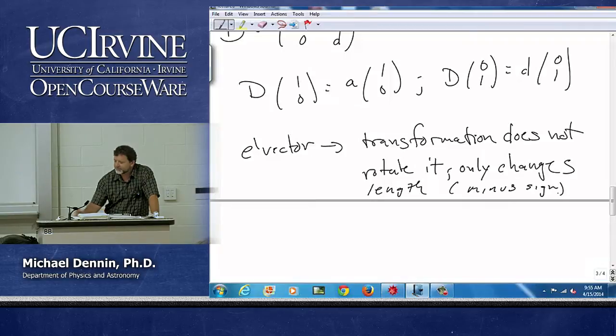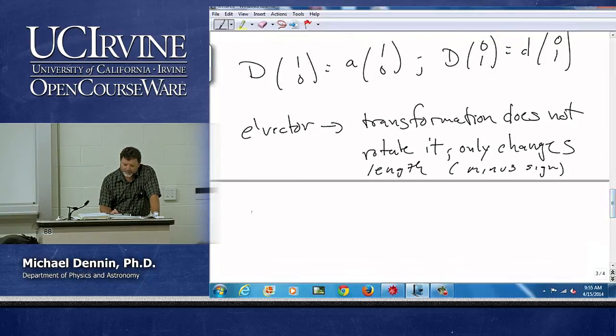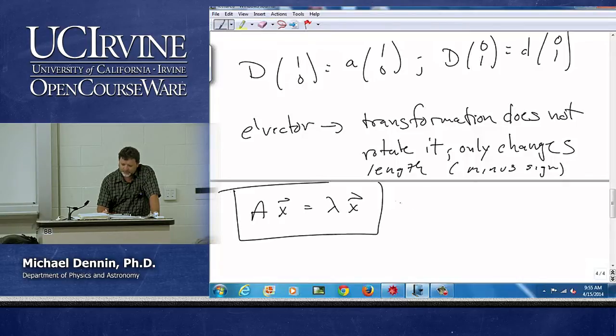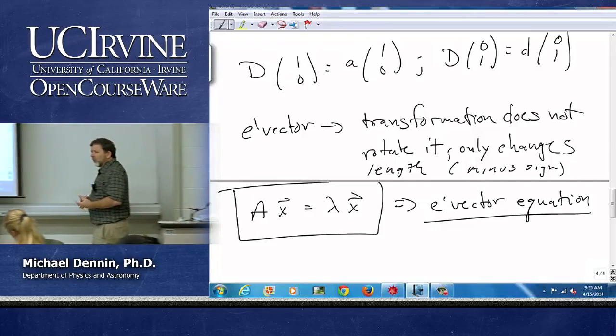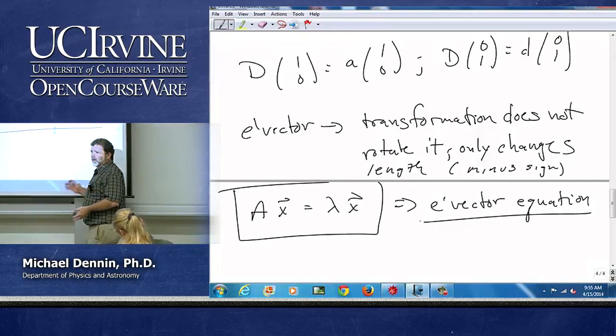So it might flip it. Now, any matrix, whether it's diagonal or not, has eigenvectors. And the standard way to write this is like that. And the eigenvector equation is the central equation in quantum mechanics. If you understand this, you can do almost all of quantum mechanics.